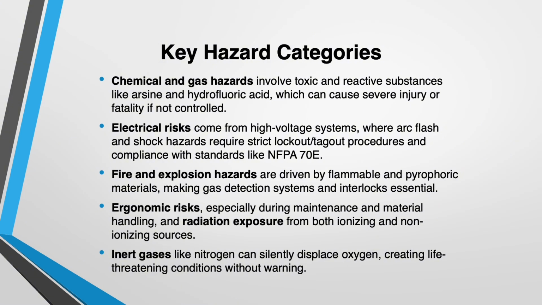Fire and explosion hazards are driven by flammable and pyrophoric materials, making gas detection systems and interlocks essential. You also have ergonomic risks, especially during maintenance and material handling, and radiation exposure from both ionizing and non-ionizing sources. Finally, inert gases like nitrogen can silently displace oxygen, creating life-threatening conditions without warning.